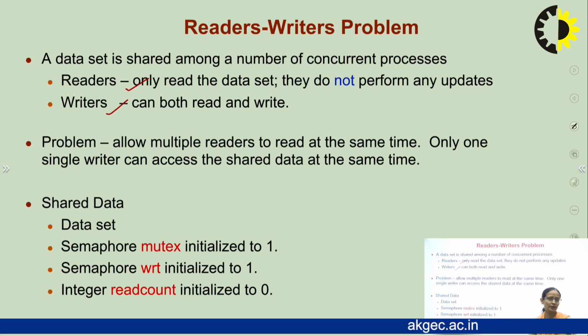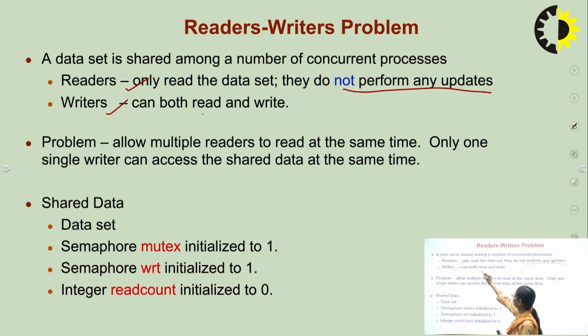The readers can only perform the reading operation and they don't perform any update. Whereas the writers can go for both, that is, they can go for the reading as well as writing on the shared data set.